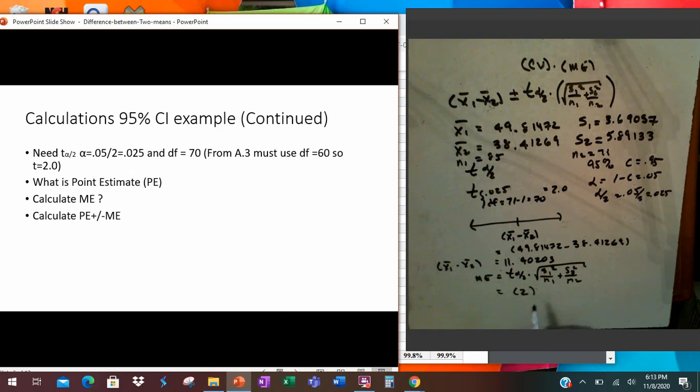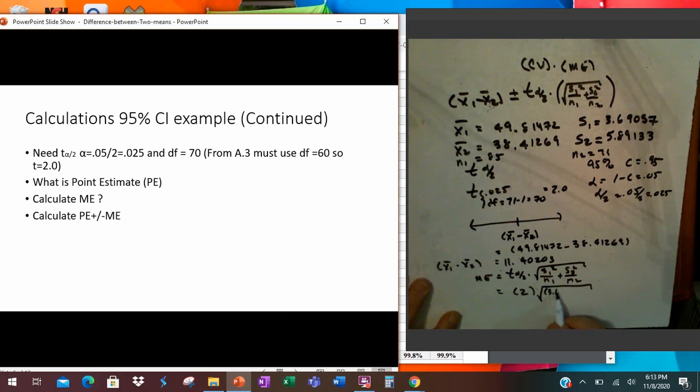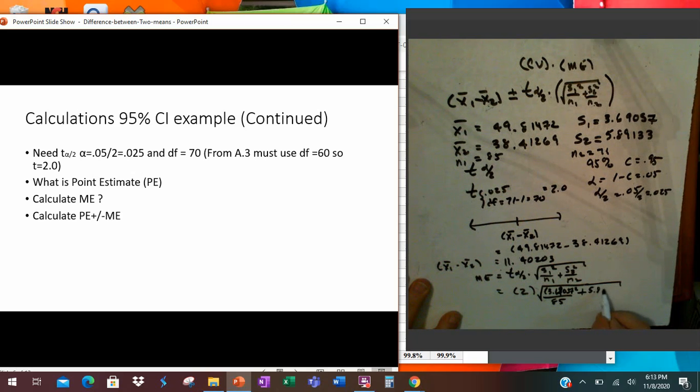That 2 is that 2.0 from there. And then I just need to put everything in. 3.69057 squared over my n1, which is 85, plus my s2 was 5.89133.